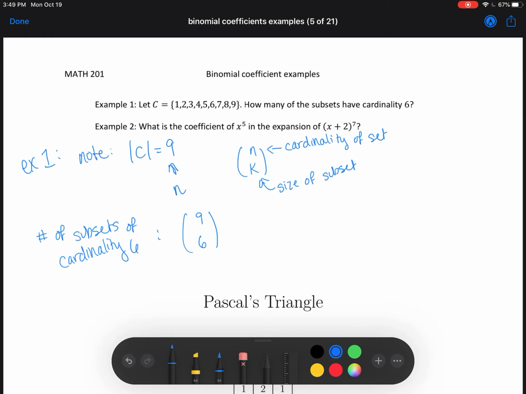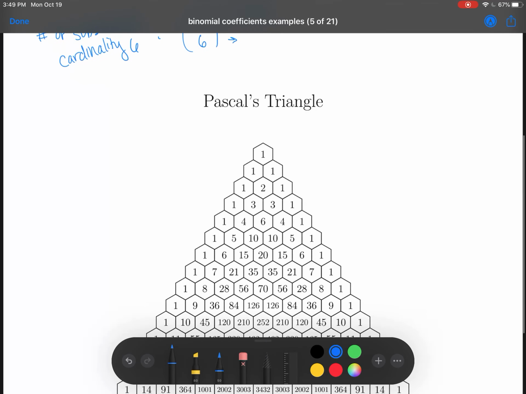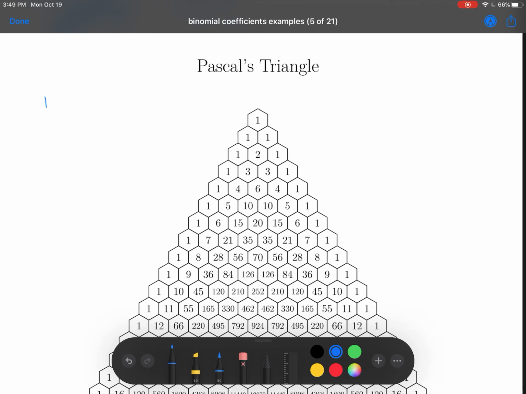All right, so how do we go about finding that value? We're going to use Pascal's triangle. The 9 basically tells us what row we're going to be in, and then the 6 tells us how many to go over in that row. But we do have to be a little careful because in the triangle, both n and k start at 0.